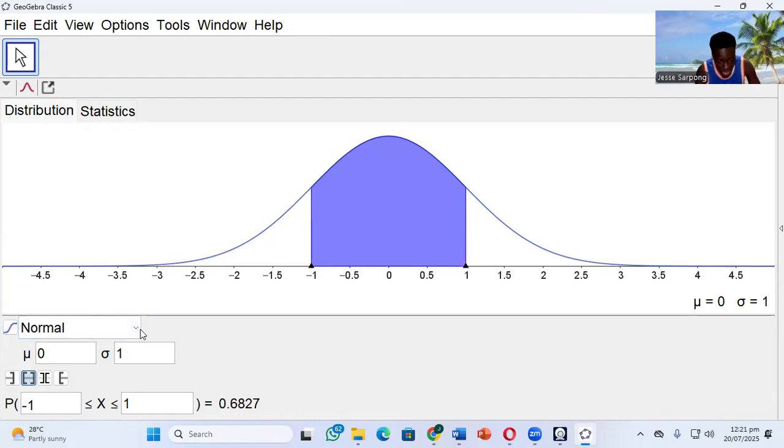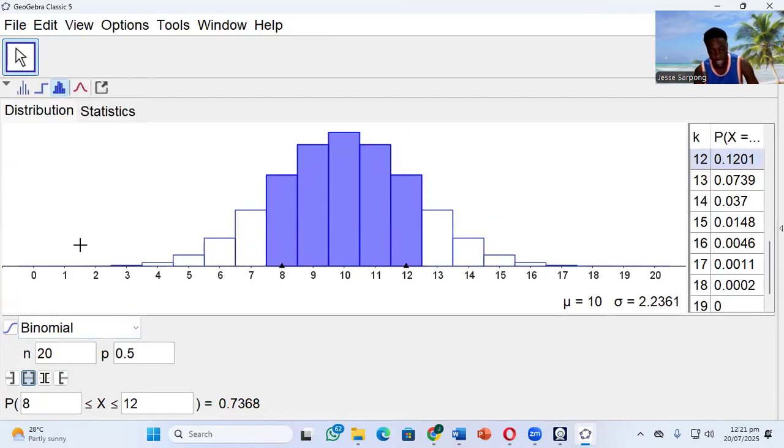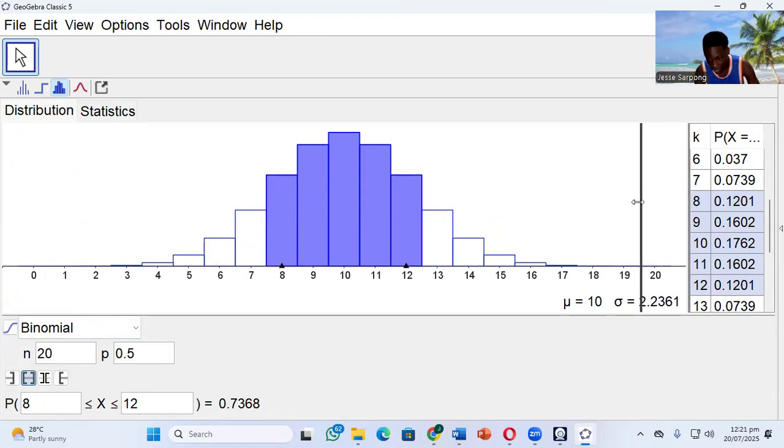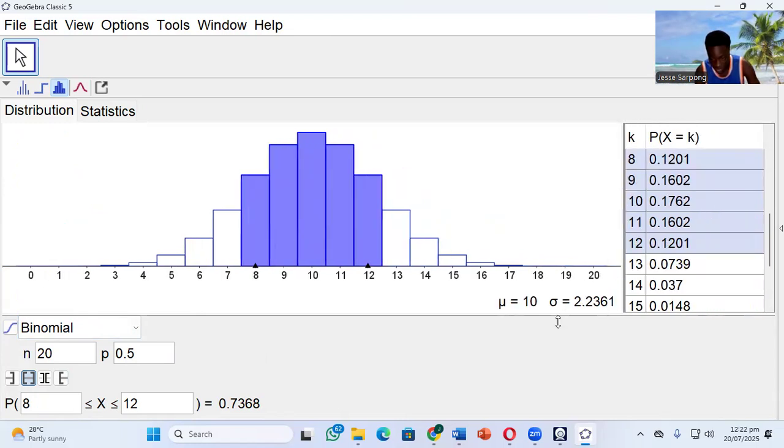Now, we can also get other distributions: the chi-squared, exponential, binomial. So now we also look at the binomial distribution over here. With the binomial distribution, you can see a mean of 10 and a standard deviation of 2.23.